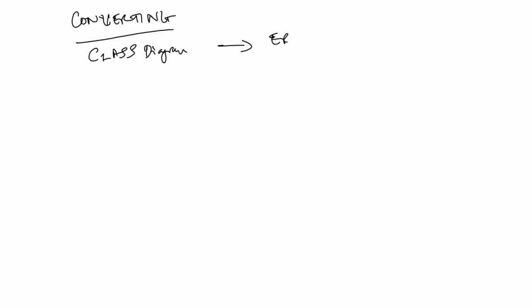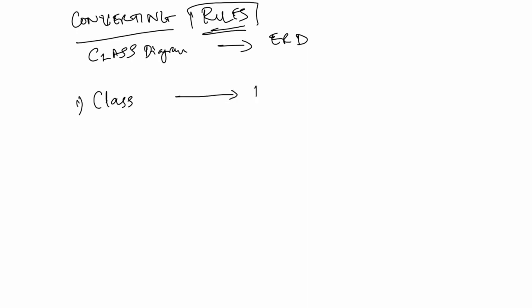So when you look at your classes conversion, you're converting class diagrams to ERD. Okay, so these are the rules. The first rule is one, every class is a table.